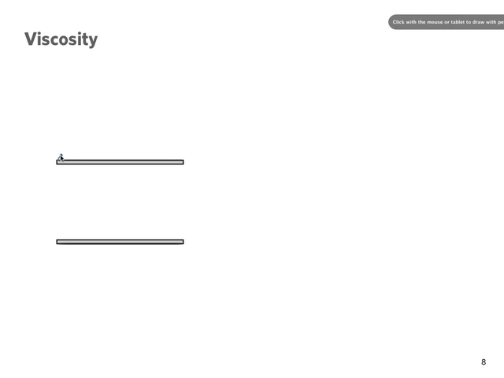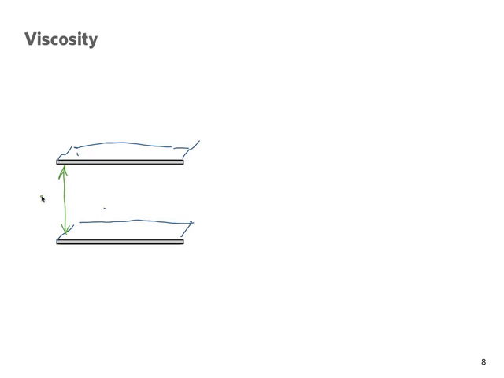And he considered theoretically the situation of, say, two parallel plates. Say I'm looking at a cross section of two parallel plates, where there is fluid in between. Let's say that the distance between these two parallel plates is h.